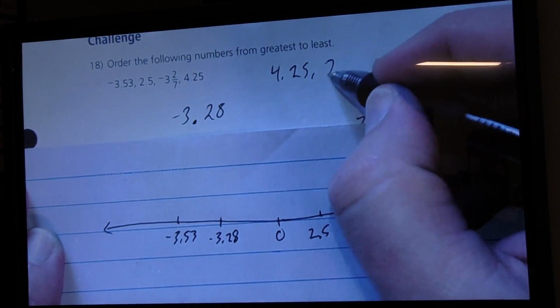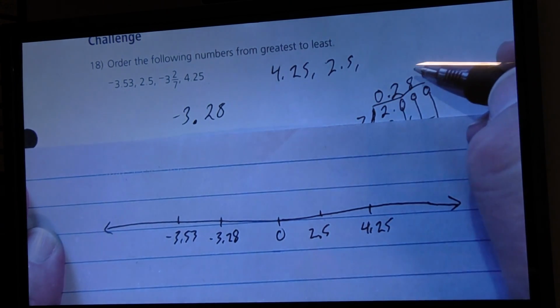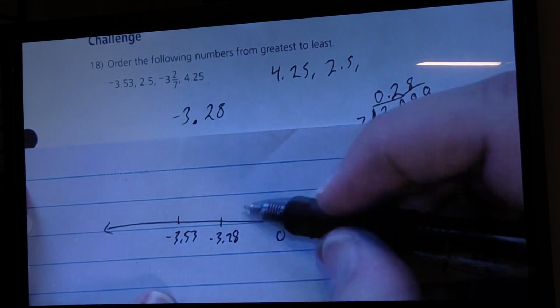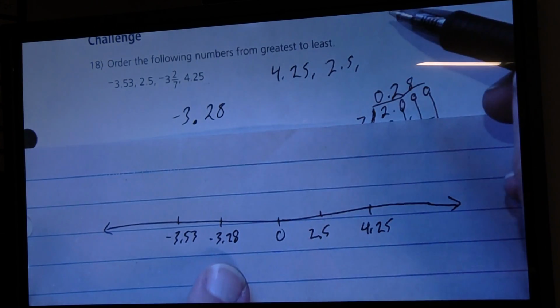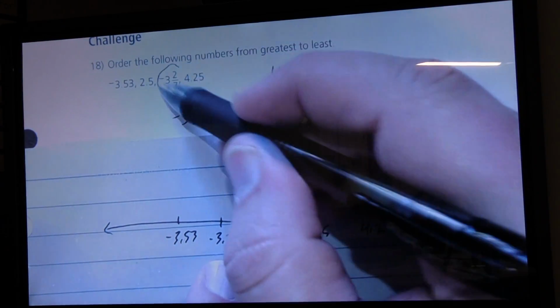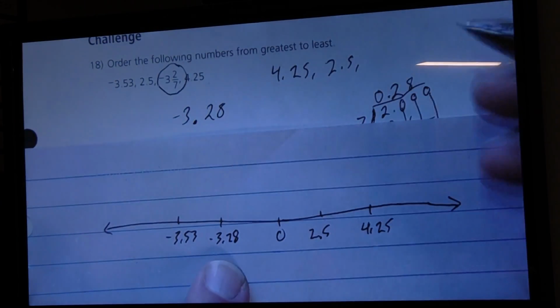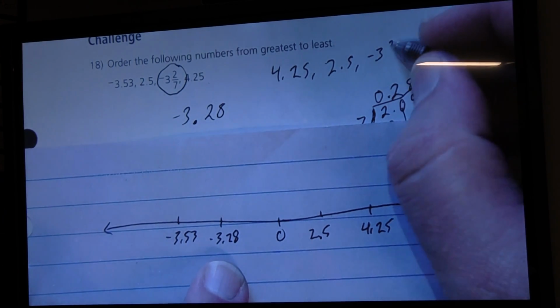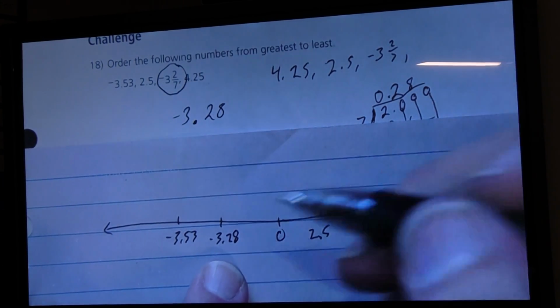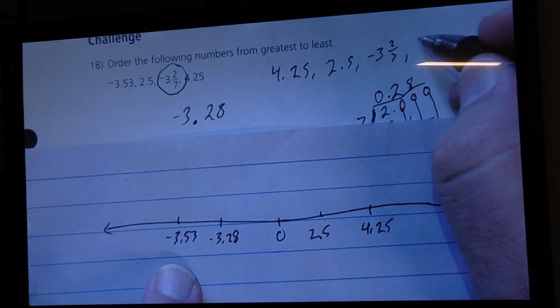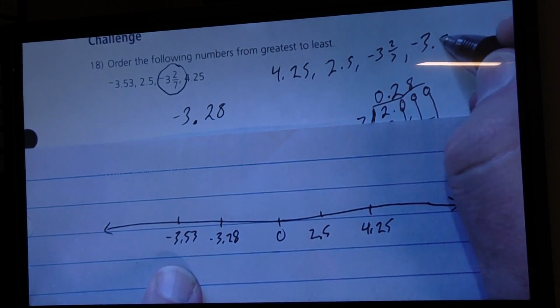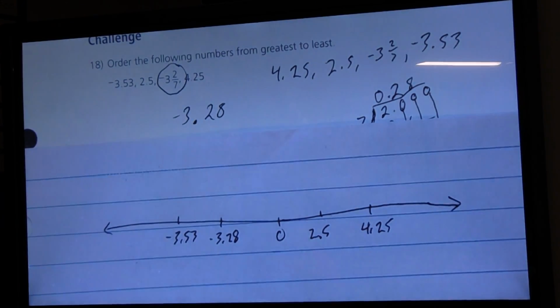Then I have 2 and 5 tenths. Then I have negative 3 and 28 hundredths, which is equivalent to negative 3 and 2 sevenths. And finally, the least value is negative 3 and 53 hundredths.